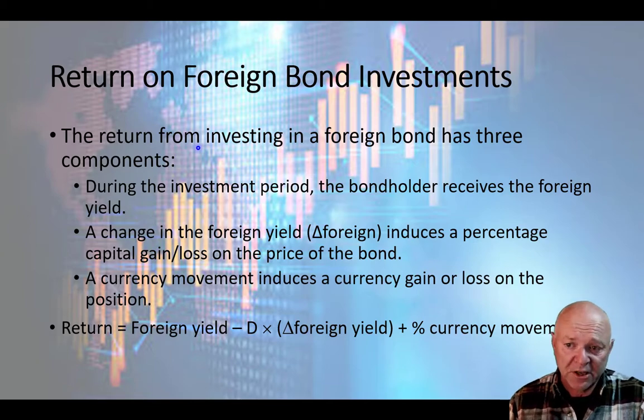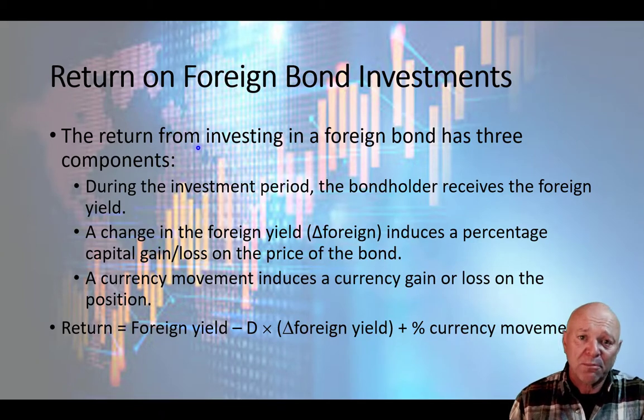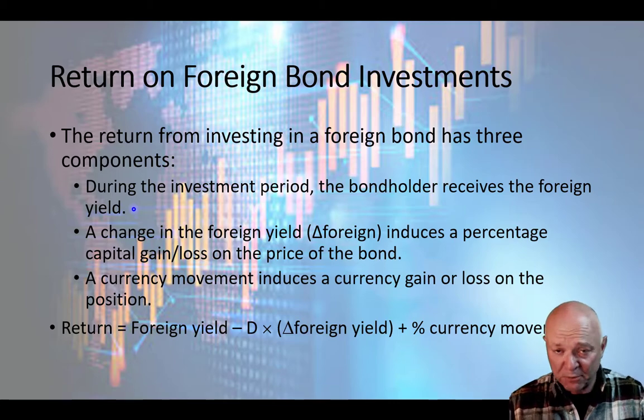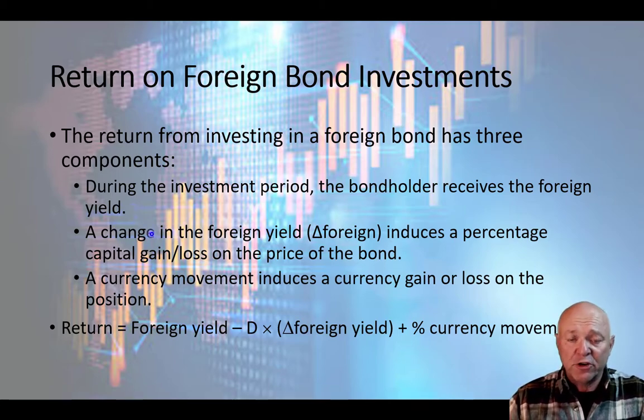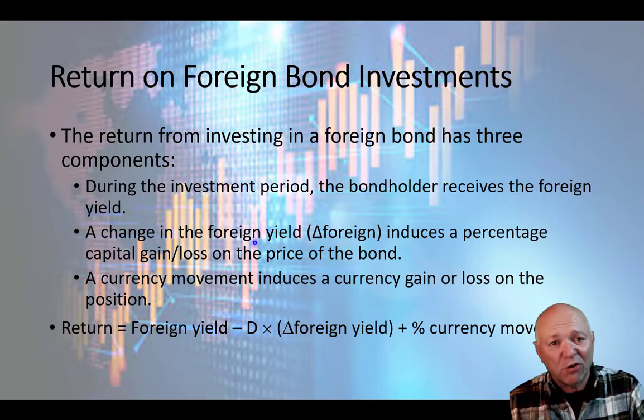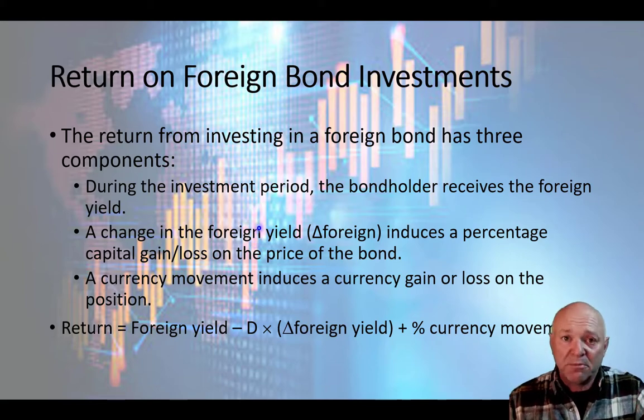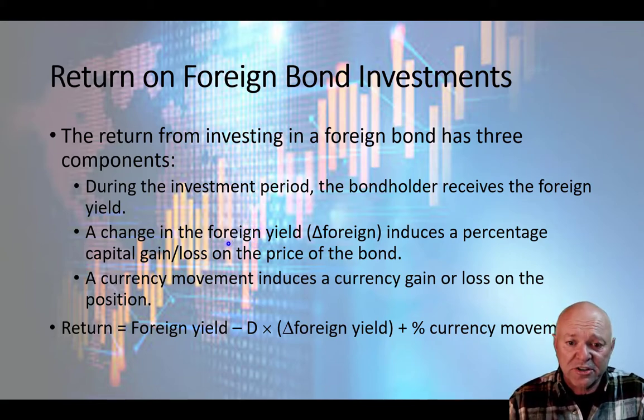foreign bonds in particular. There are 3 principal components to returns on foreign bonds. While you hold on to the investment, there's going to be the interest that you receive, the coupon payment or the yield. There's also going to be the capital appreciation that you're going to receive in foreign currency terms. So if your bond goes up by 1,000 yen over the period, that's going to be appreciation in local currency.